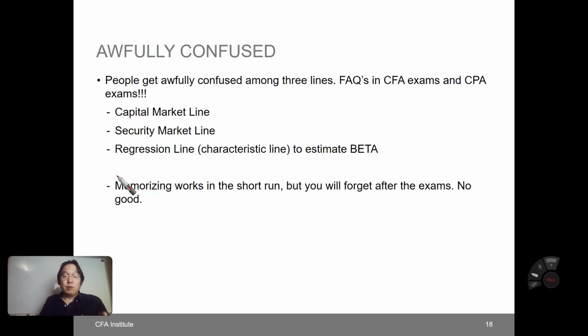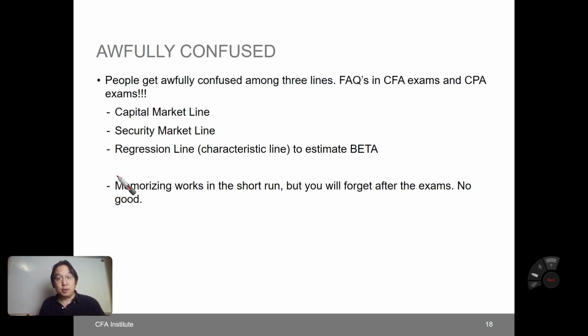Before we move on to estimating beta using something called the characteristic line of your company, I tell you here, these three lines that we discuss in this class will always be awfully confusing to you. First line was the capital market line: portfolio level, total risk, and the portfolio's expected return.